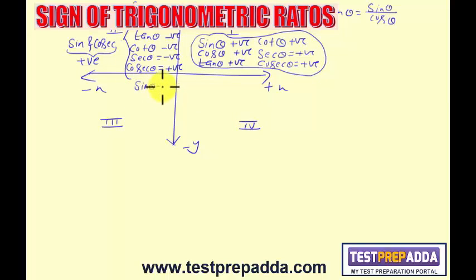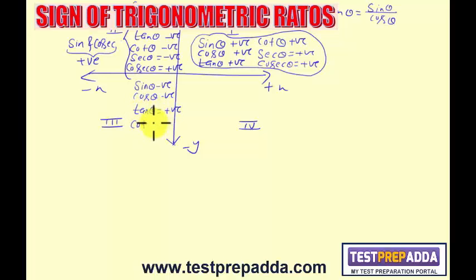Sine theta negative, cos theta negative. But dear students, please note tan theta is what? Sine theta upon cos theta. Sine negative, cos negative, tan will be what? Positive. Got it?